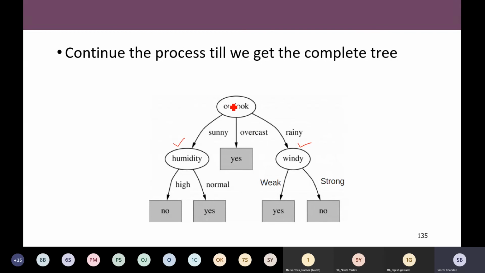So once we build this kind of a decision tree, how are we going to predict whether to play tennis, yes or no?